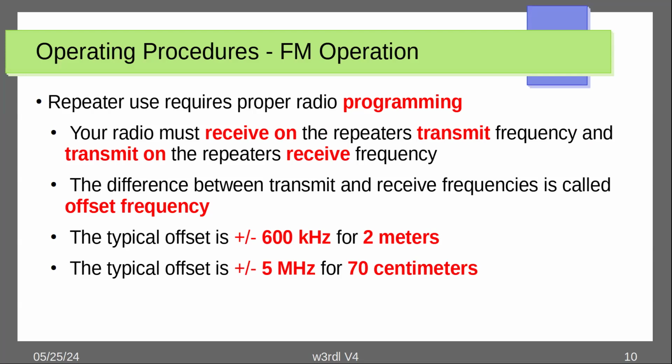And if you use CHIRP to program this one, because it's analog, the offset automatically populates based on your frequency, because the direction of the offset is dependent on where your frequency is, as a guideline.